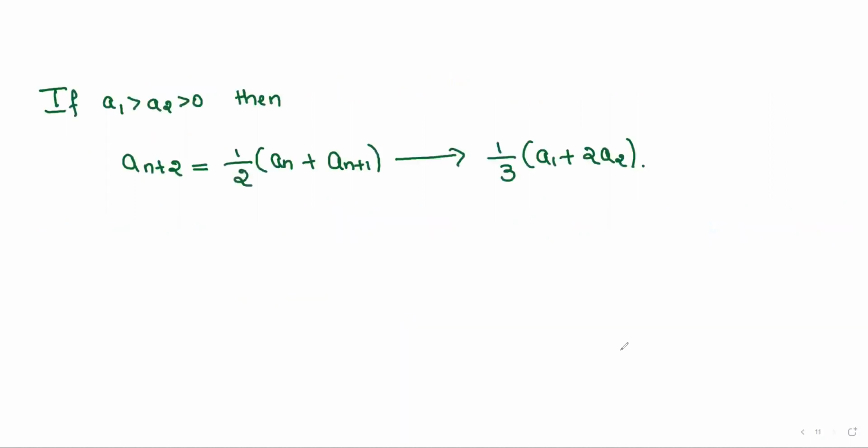Then there is one result which says that if a1 is greater than a2, which is greater than 0, then the sequence an plus 1, which is defined as 1 by 2 of (an plus an minus 1), the sequence which is defined as the average of the previous two terms, converges to 1 by 3 of (a1 plus 2 into a2).